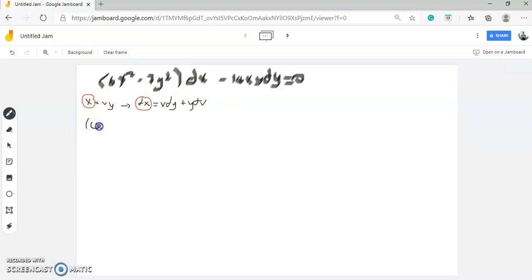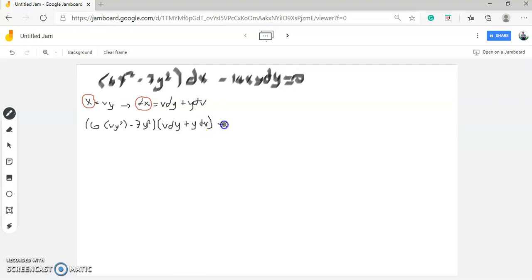So from here, let's start. We have 6 times our x, which is vy, squared, minus 7y squared. Then we have our dx, so multiplied by your dx, which is now equivalent to v dy plus y dv.